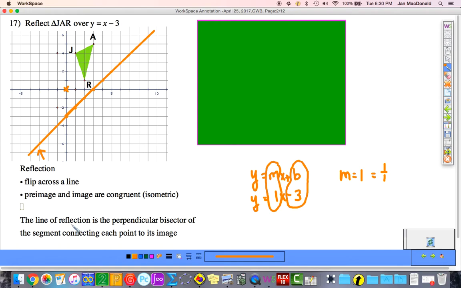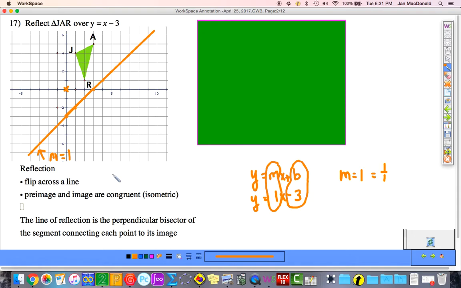Let's go back to this definition. The line of reflection is the perpendicular bisector of a segment connecting each point to its image. Well, what type of line would be perpendicular to this line? Well, the slope of this line is 1. Just a reminder, perpendicular lines have opposite reciprocal slopes.